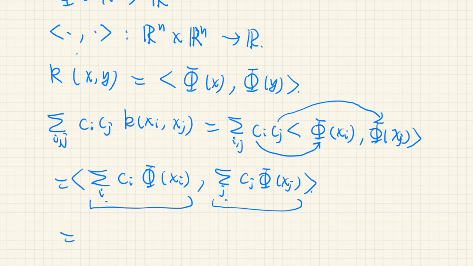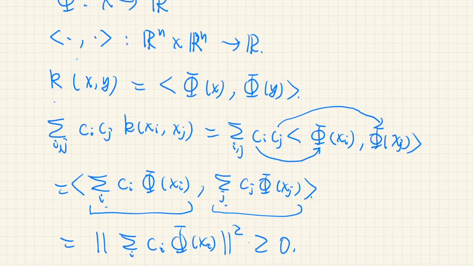So this is actually equal to the norm of the sum of ci phi of xi, norm squared. Of course, this is greater than or equal to 0. Therefore, this function k is positive semi-definite.